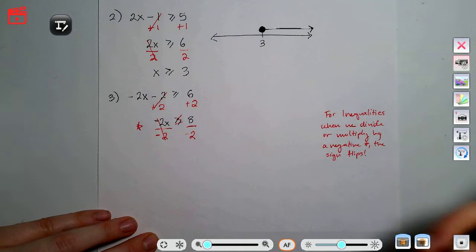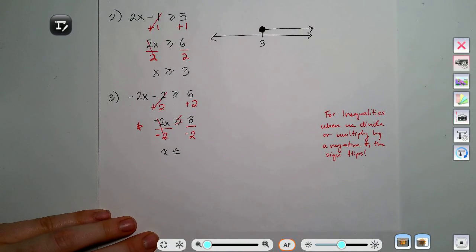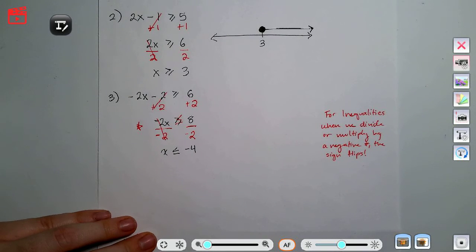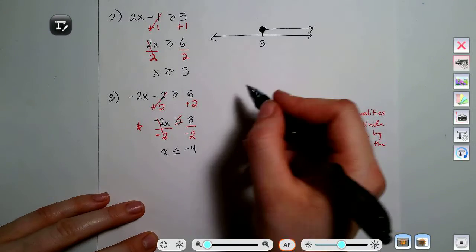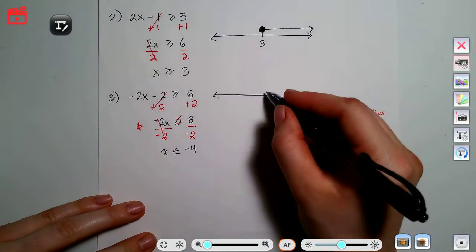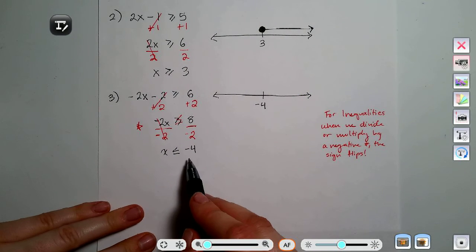Okay, so when we get that, we have x is less than or equal. Remember, the sign flipped because I divided by negative 4. All right, so graphing our answer. Remember, our number is our boundary line, so negative 4. And my x values this time are smaller than negative 4.